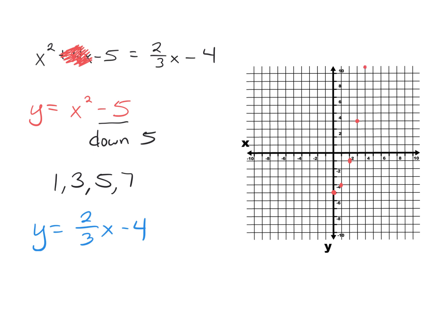How do I get the other side? Do the same thing. Over 1, am I ever going to come down? No. It's always going to be the same. Over 1, up 1, over 1, up 3, over 1, up 5, over 1, up 7. What do you notice between the two sides? They're symmetrical, right? Go ahead and draw your picture.